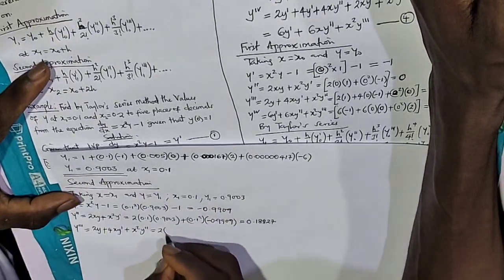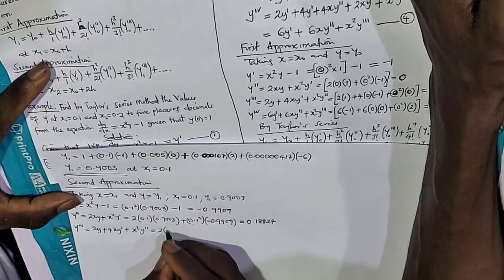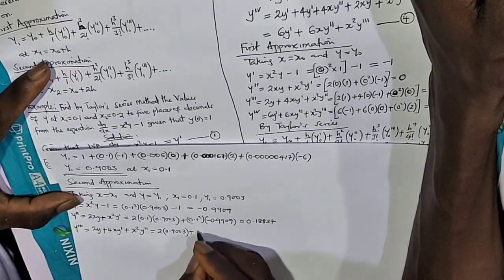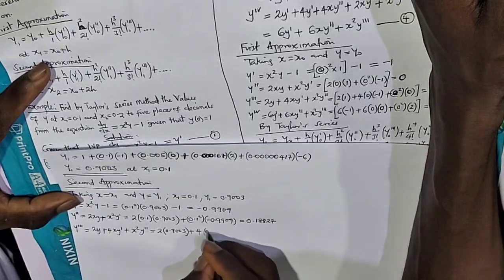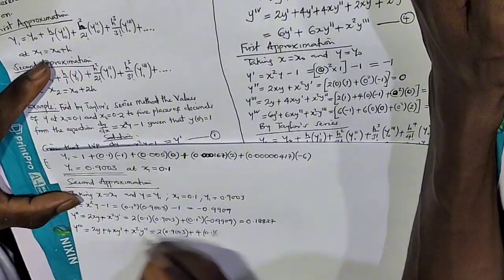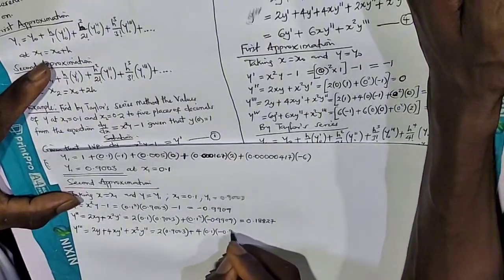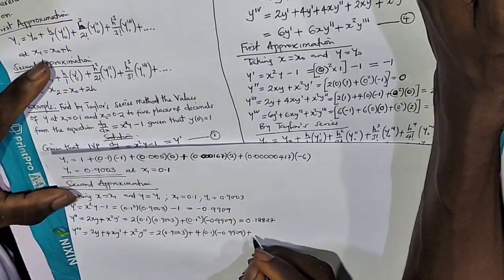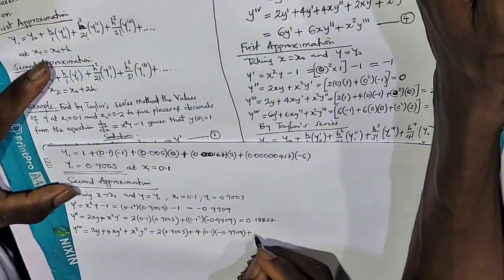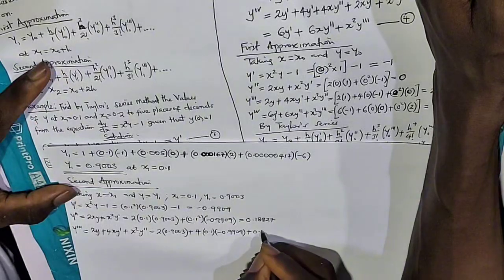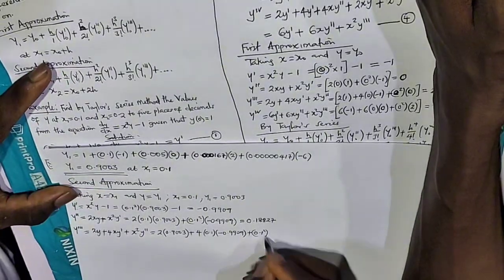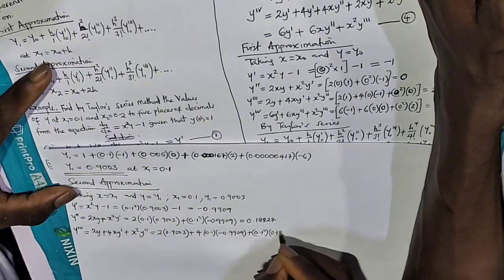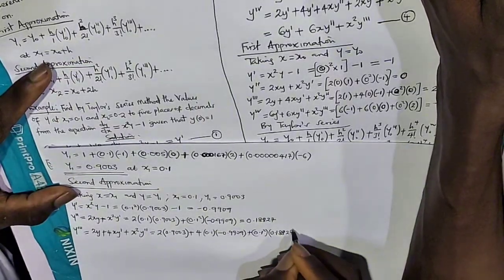Here we are saying 2 into y, which is 0.9003, plus 4 into 0.1, y prime, which is negative 0.9909, plus 0.1 squared, y prime prime, which is 0.18827.